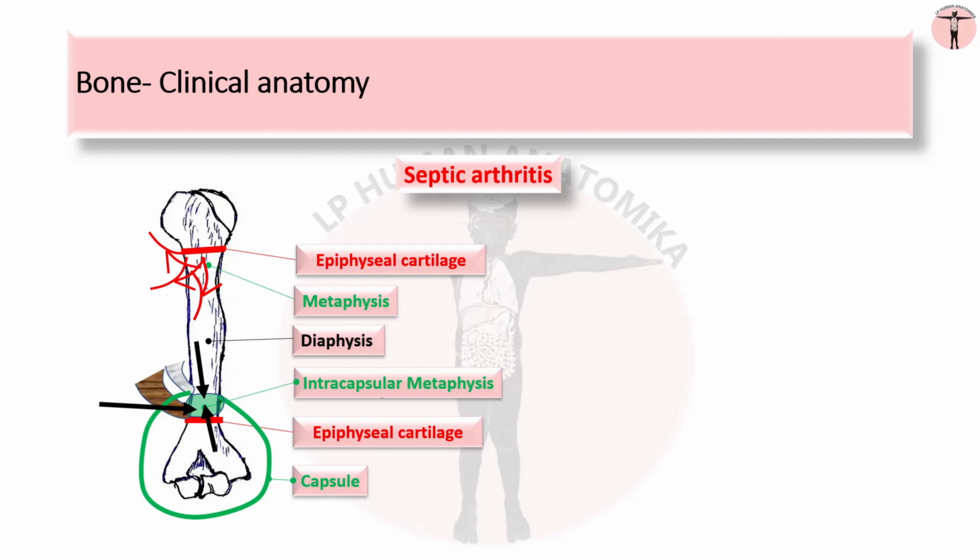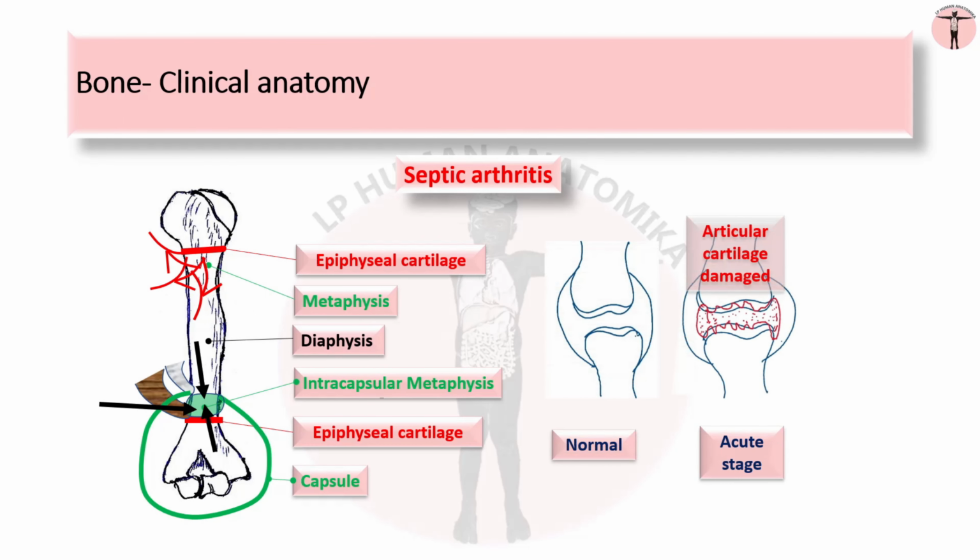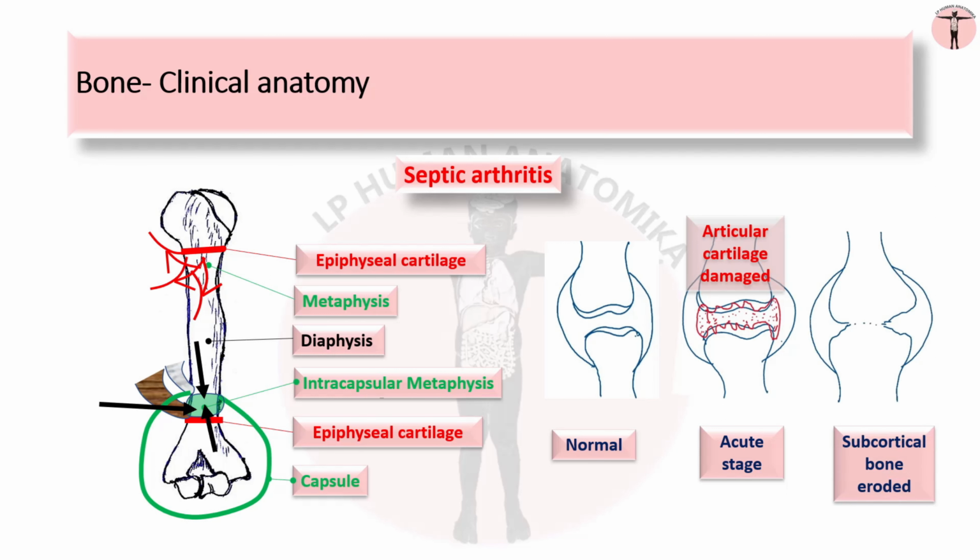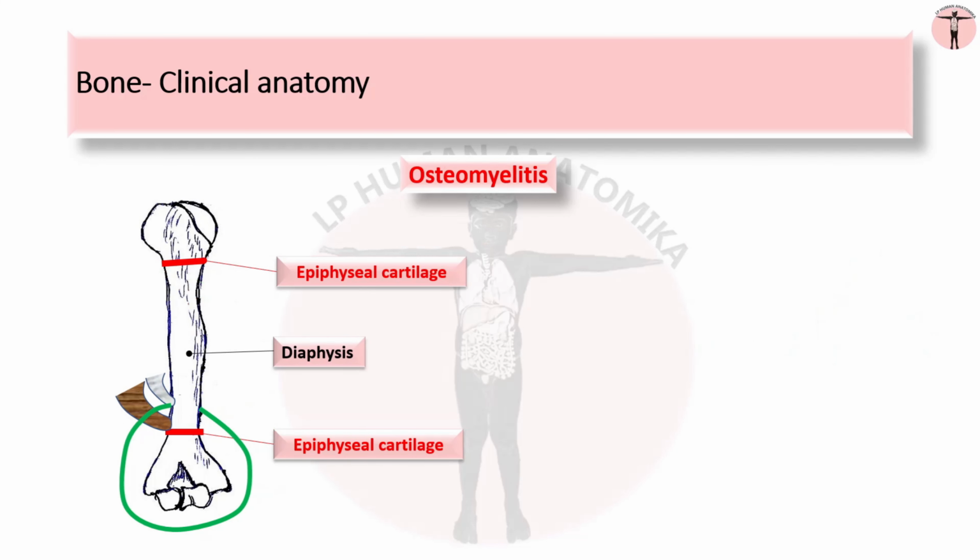If infection reaches the intracapsular metaphysis from other areas, it may result in septic arthritis. The articular cartilage may be damaged, and if the infection is not controlled, cartilage may be completely destroyed and subcortical bone may be eroded. Metaphysis is the common site for osteomyelitis in children.